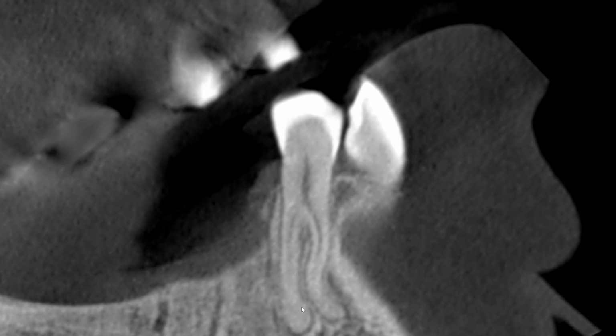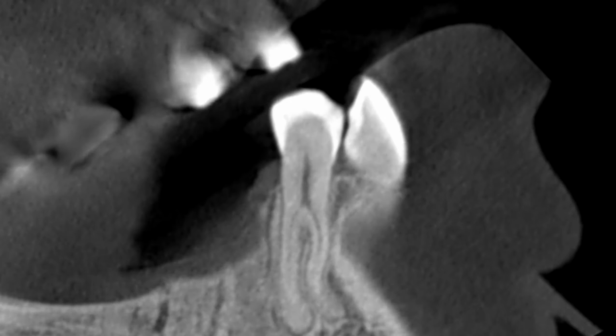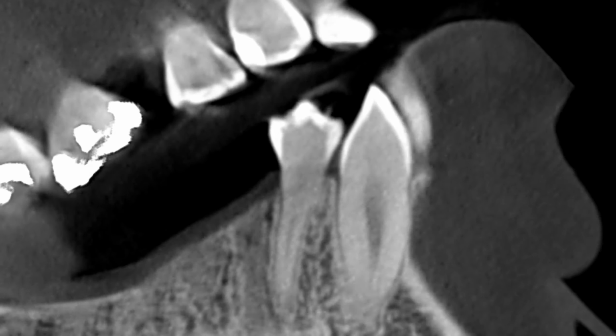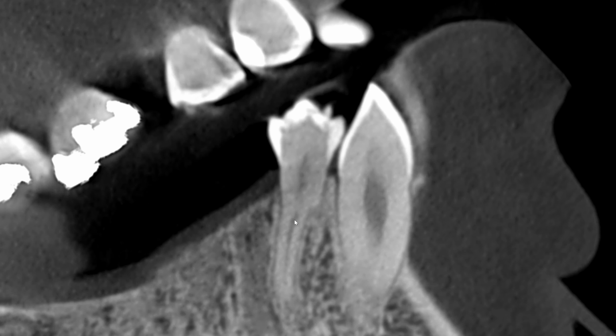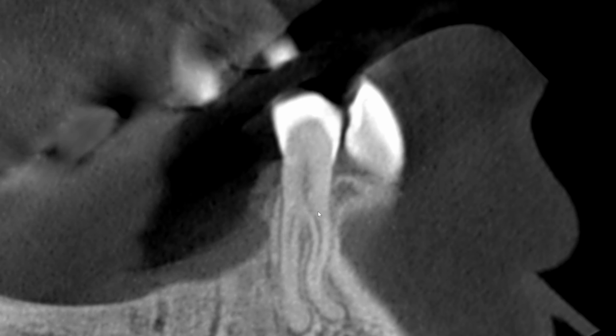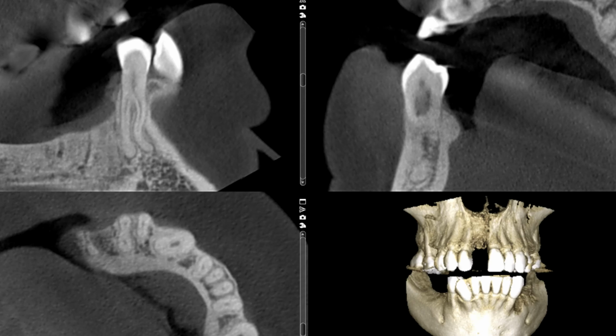And it's a little bulbous at the apex of the distal root as well. So there's the distal lingual canal and distal buccal canal and then the mesial canal. It's impressive what we can see in Chromium CT, right?